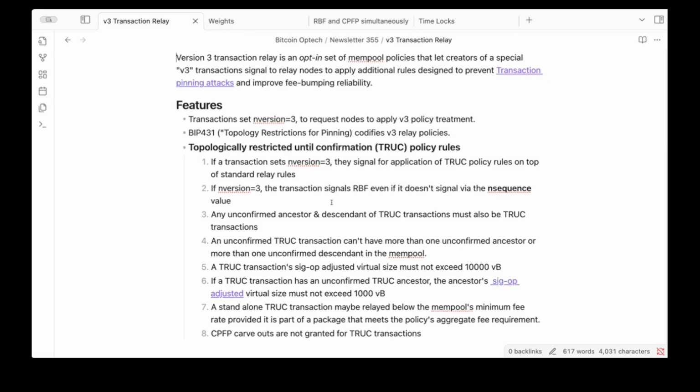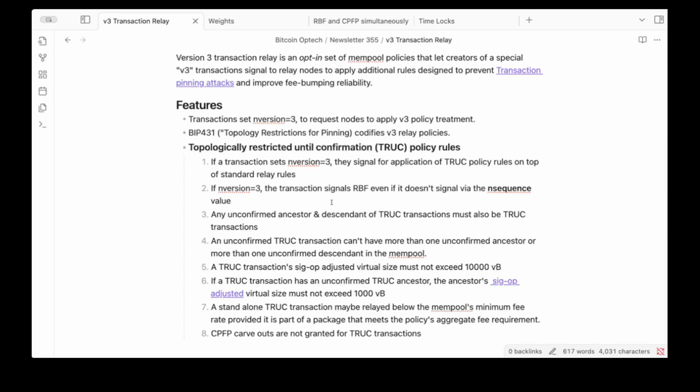SIGOP adjusted V size must not exceed 10,000 V bytes. So this is another important restriction that you place on a truck transaction. This is done to avoid an attacker adding a descendant or child transaction which is bloated and is meant to make replacement by fee for the parent prohibitively expensive.